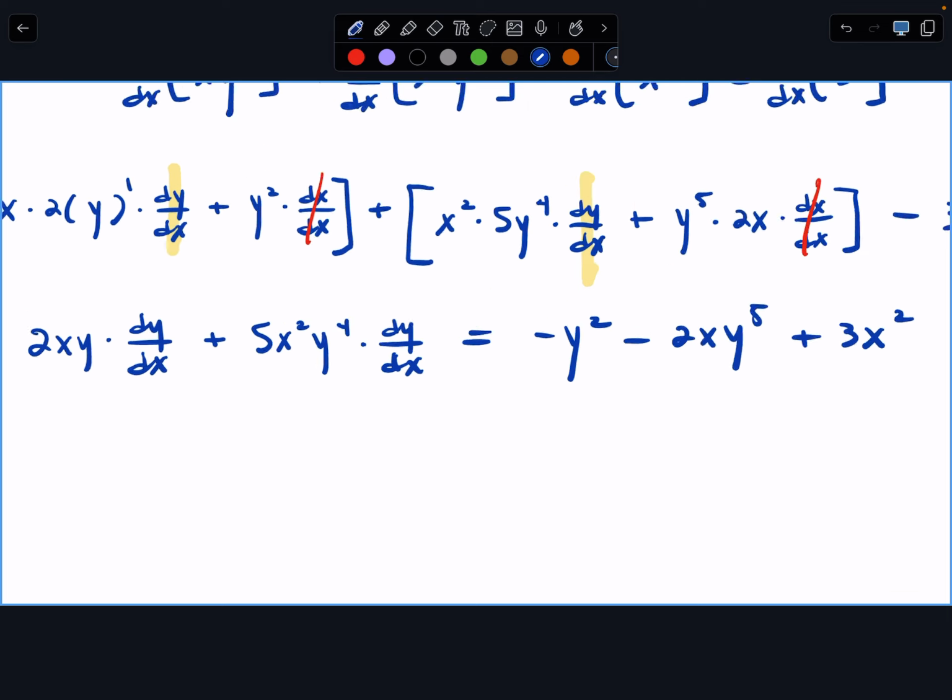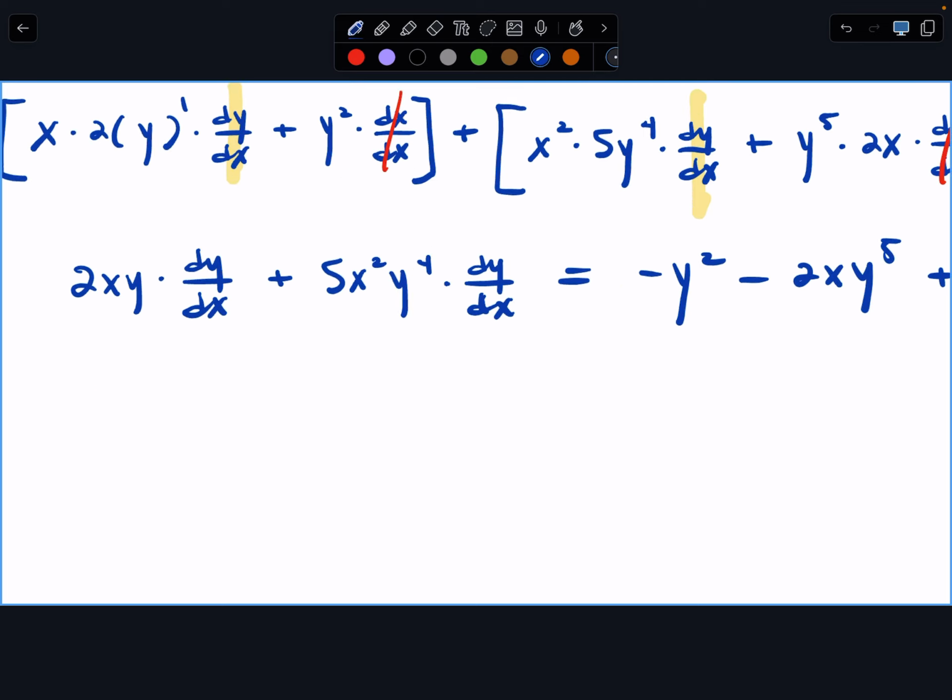Maybe take fewer steps. Okay, and then factoring dy over dx out. And then divide. Oh, so y squared.